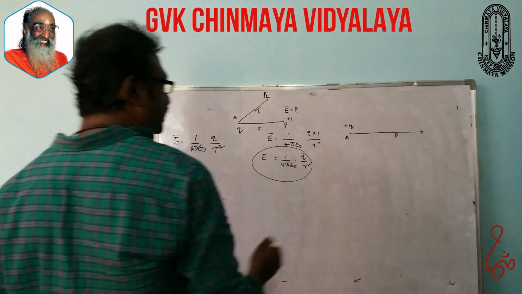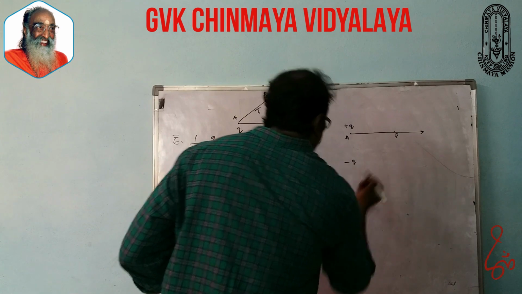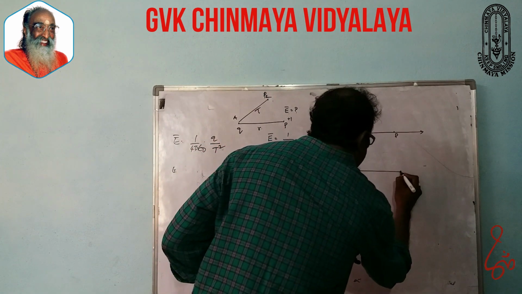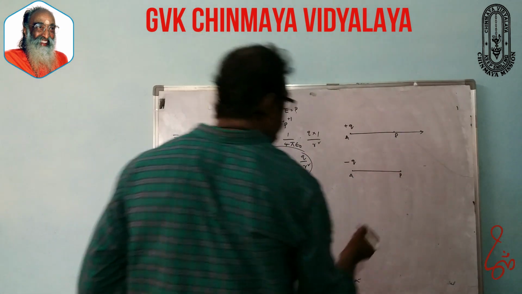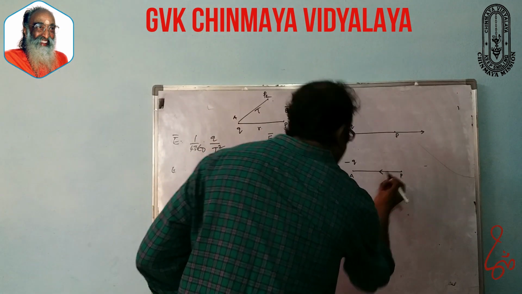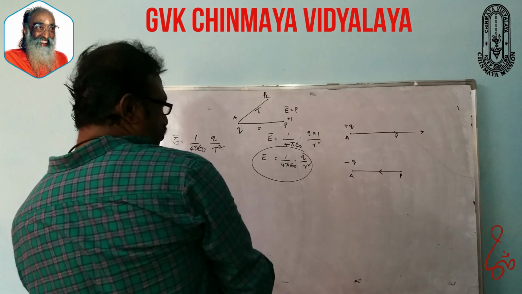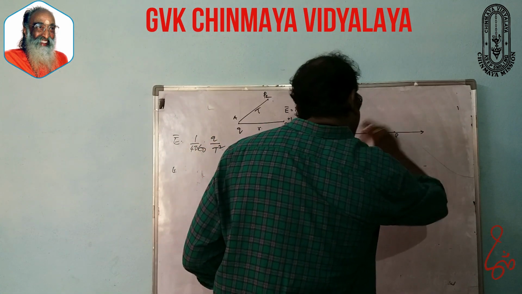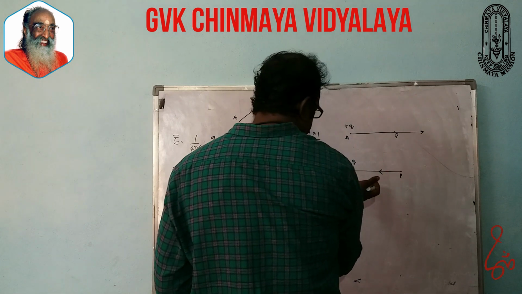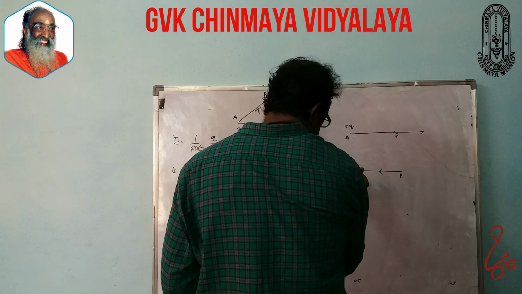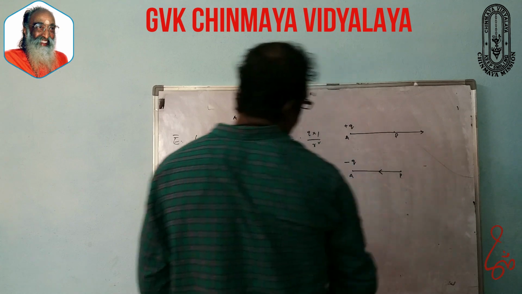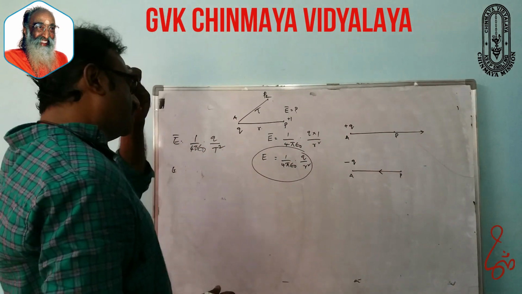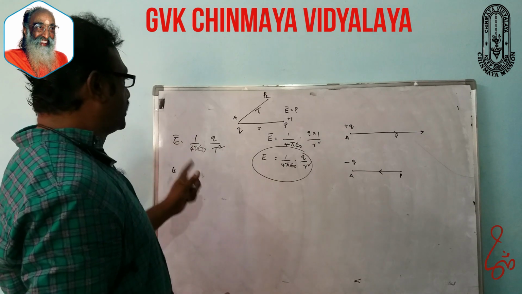If it is minus Q, at point P the direction will be towards the charge. It is pushed towards the negative charge. So the electric field in the positive case will be away, and the electric field intensity due to a negative charge will be towards it. Like this, keeping this in mind, you can find out the magnitude as well as the direction.